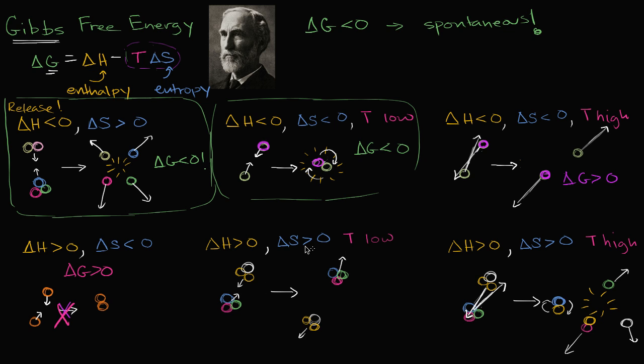And if you look at these different variables, even if this is positive, as T is low, this isn't going to be able to overwhelm that. And so you have a delta G that is greater than 0, not spontaneous. But if you took the same scenario and you said, okay, let's up the temperature here, let's up the average kinetic energy, then these things are going to be able to slam into each other.